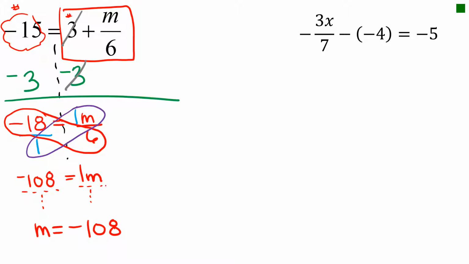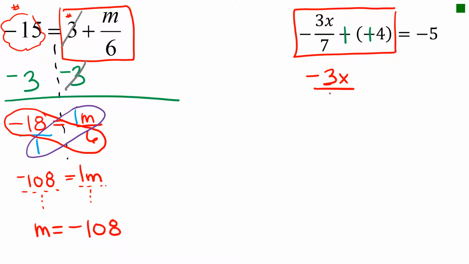On the second problem over here, the left side, we're back to the left side having the plus or the minus, but oh, look, it has a minus negative. Anytime you see minus negative, you change that to plus positive. So we have negative 3x over 7 plus 4 equals negative 5. Now look what I did there.